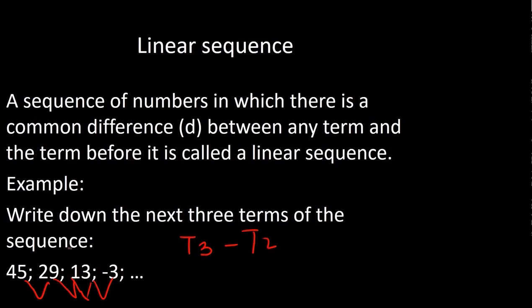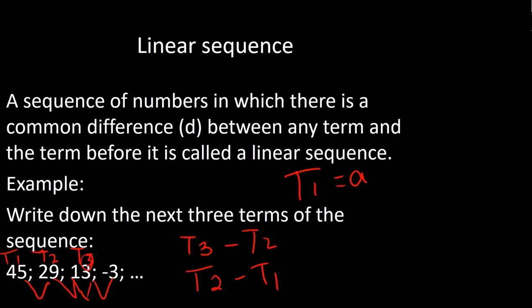The little number tells me the position of the term. Term 1, we also call that a. It's the first term in any sequence. So term 3 minus term 2 and term 2 minus term 1 should be constant. They should have the same value if this sequence is in fact a linear sequence.